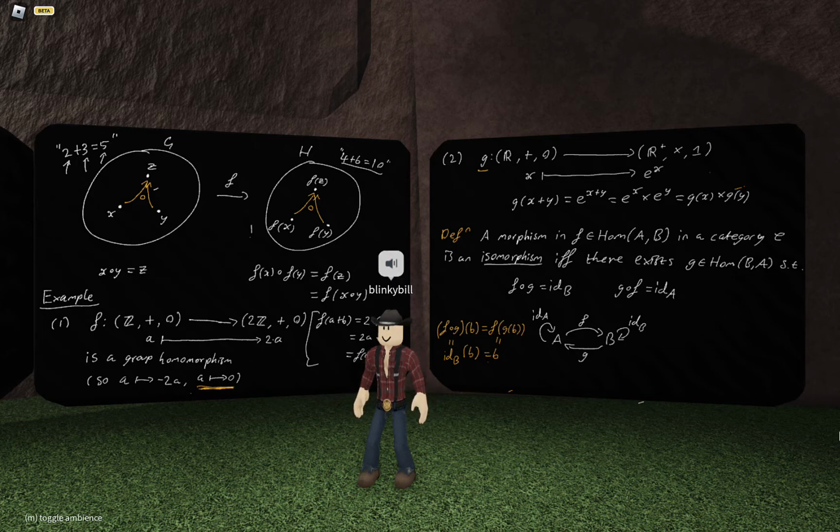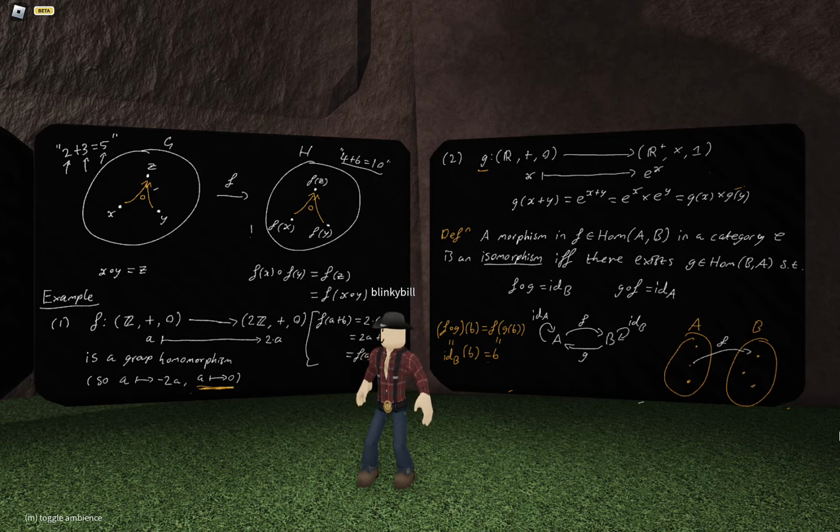Drawing a picture for this, you have your sets A and B and the elements. We're saying that if you apply F to some element here to get something here, then G will always bring you back to the original one.